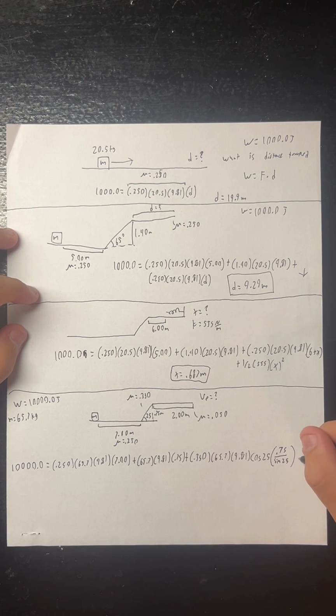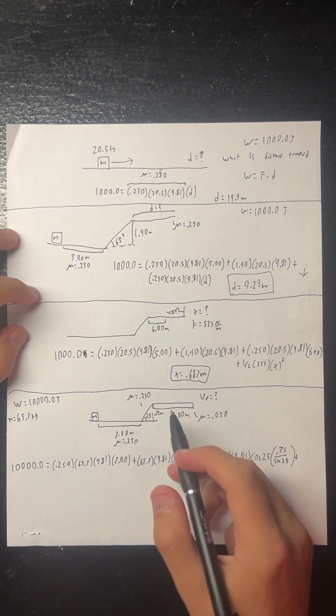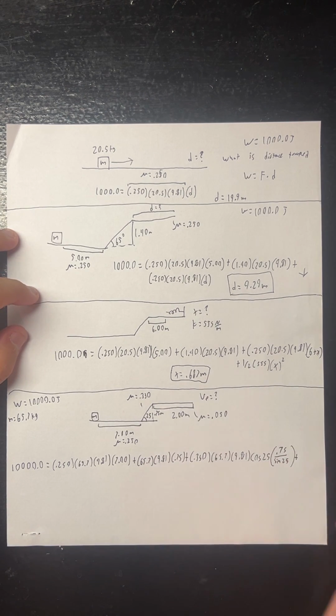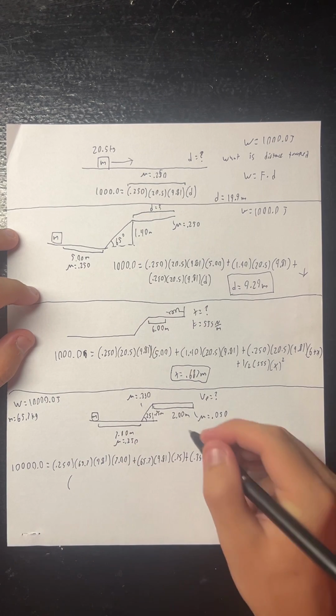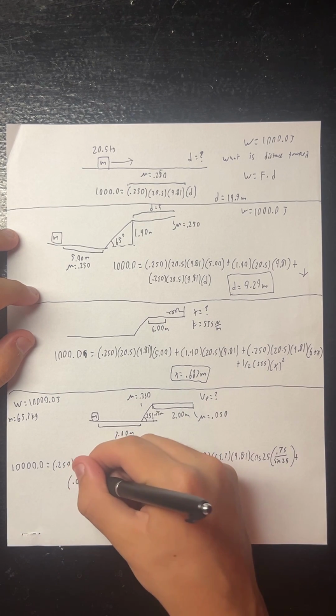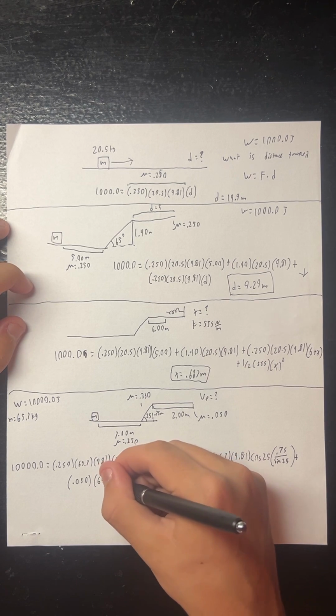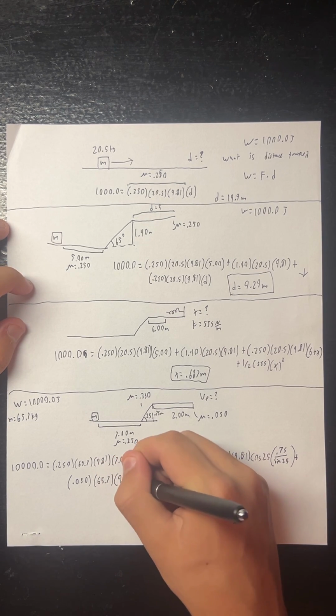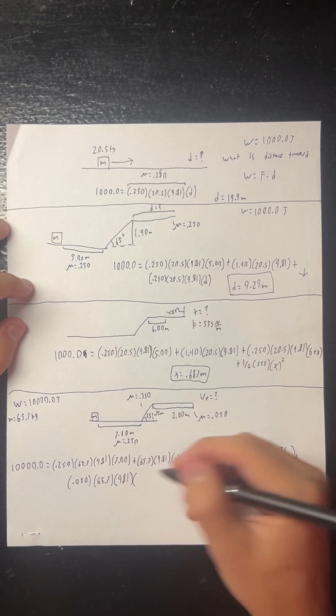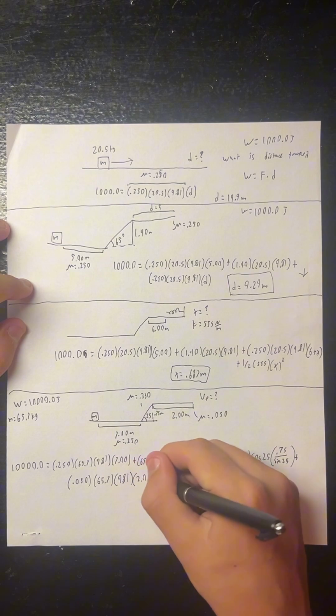Then it is going to be plus, what other force is it experiencing? It's experiencing the friction as it travels here. So it is mu, which is 0.050, mg, m is 65.7 times 9.81 times the distance it travels, which is 2.